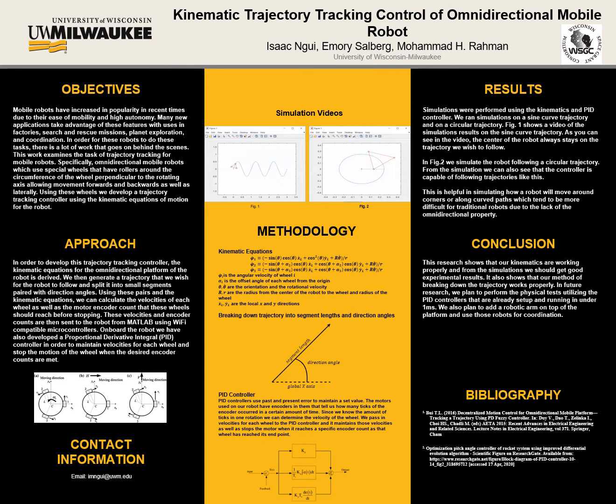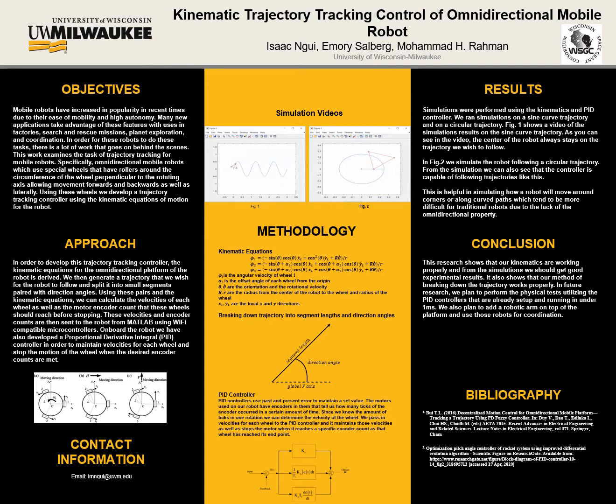And so in order to do that, we generate the trajectory that we want the robot to follow. We split it into small segments with angles, which can be seen in this middle section with the segment length and the direction angle.